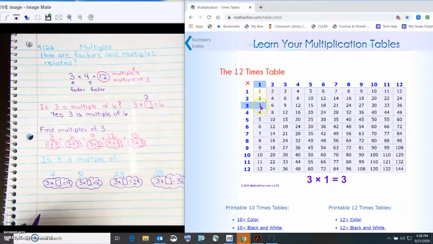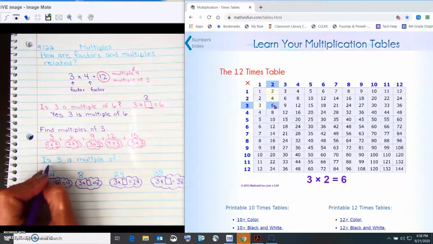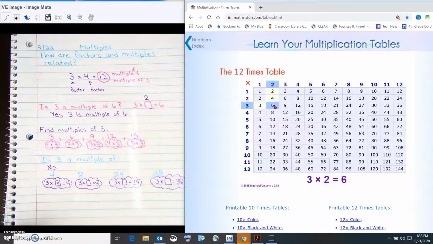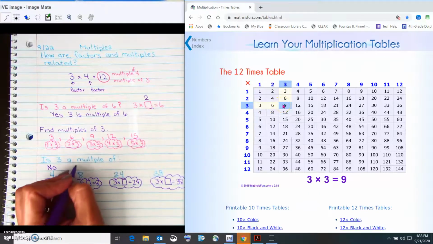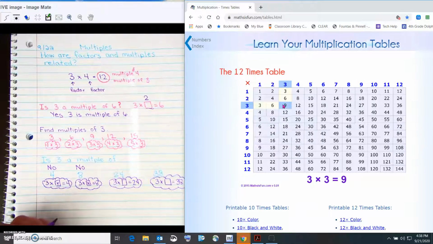All right, and I can use my chart right here. So if I'm at my 3's, do I see any 4 being an answer? No. So that means no, 4 is not a multiple because there cannot be a number in there. Now let's look for 8. So we're still on the 3. Do we see 8? No. So that means 8 is not a multiple of 3.